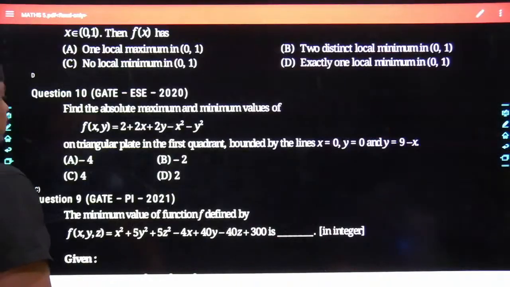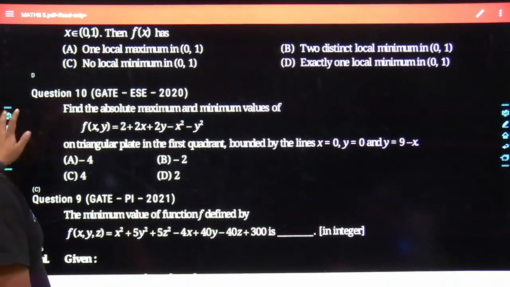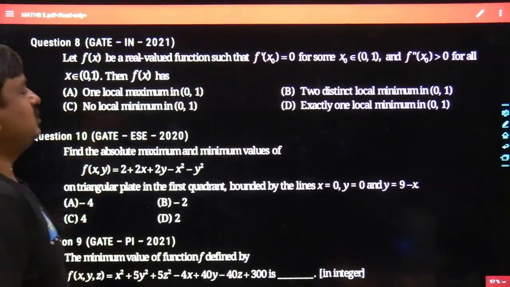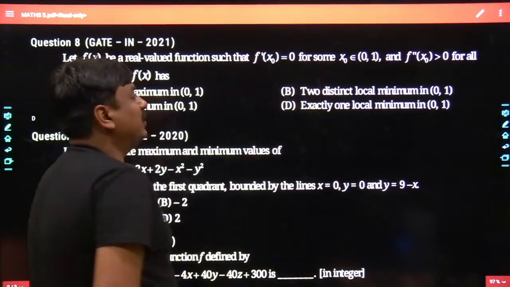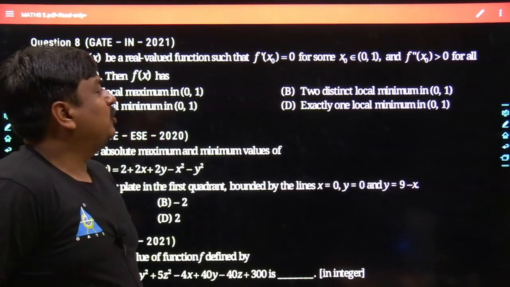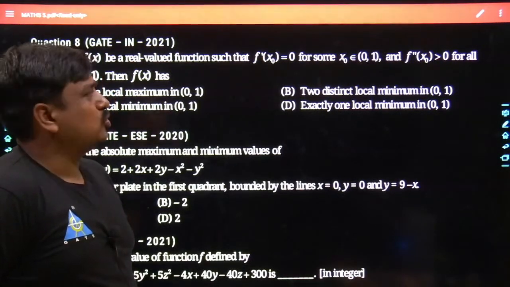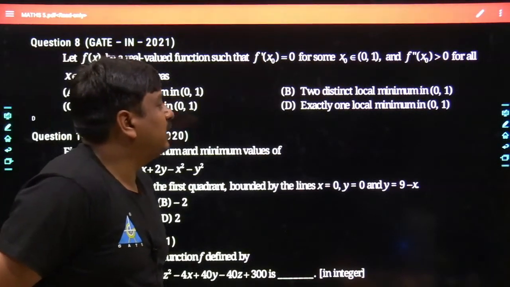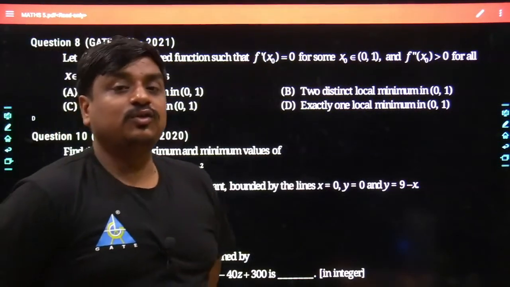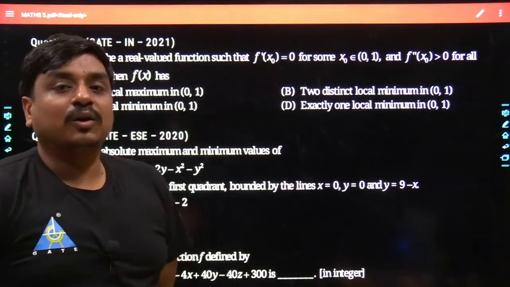Let me go back. So the two questions I have taken. The first question was a classical problem of maxima and minima, and just by giving the word sum they wanted to play with you. So one thing must be there in your mind: for all possible values of x between 0 to 1, if f double dash x naught is greater than 0, that means all possible stationary points could be only and only minima.